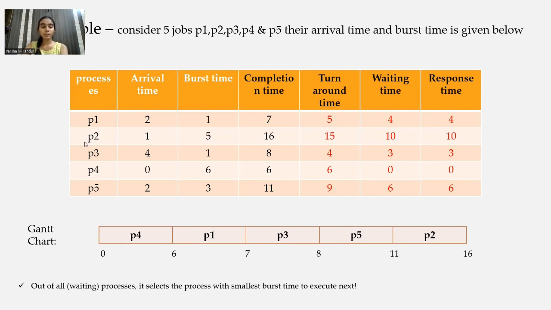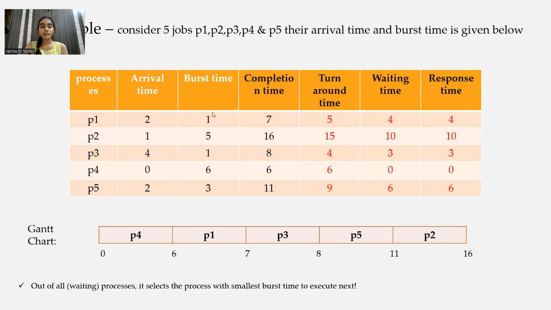Here P1, P2, P3 and P5 all have arrival times within the 6 units of time. So they are all in the ready queue. If this is the case, then we have to look at the burst time. P1 and P3 have the minimum burst time among all the four.